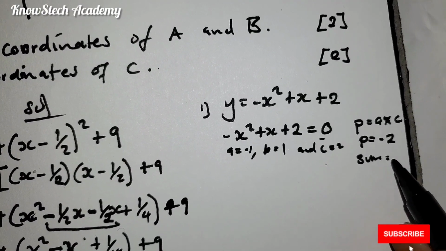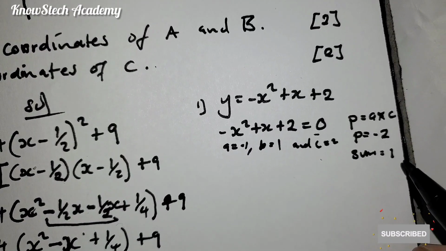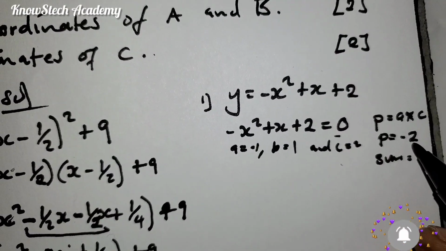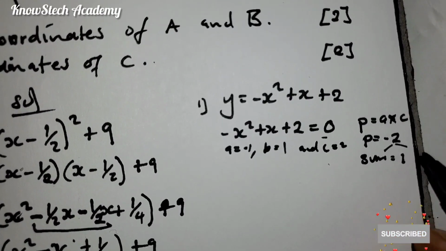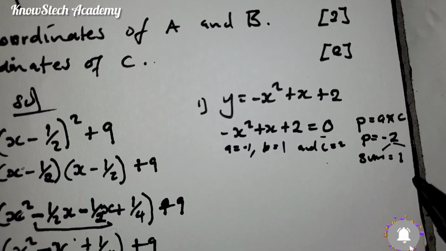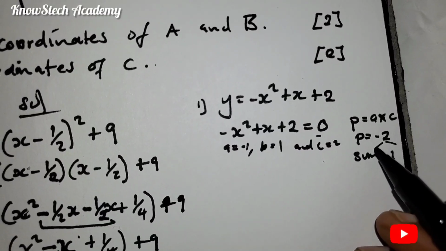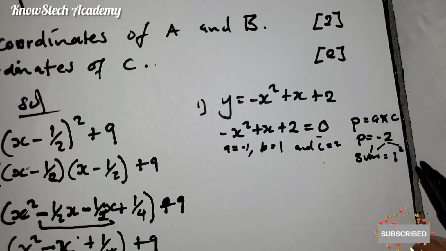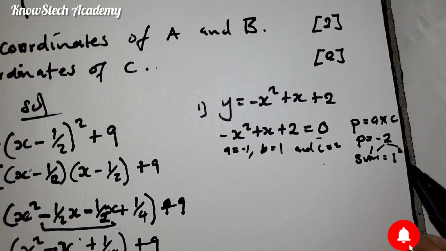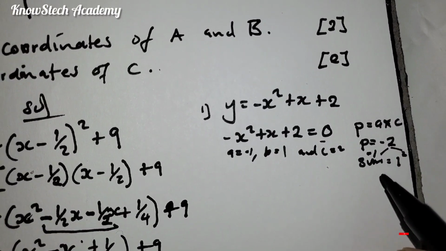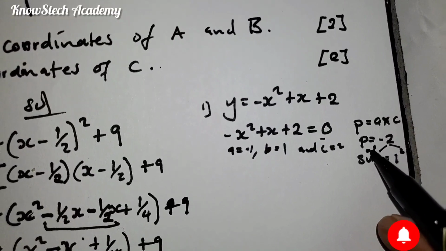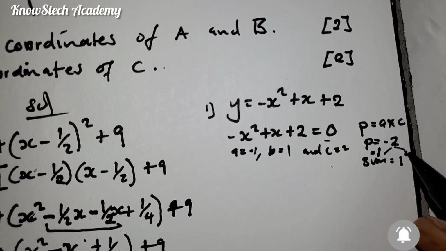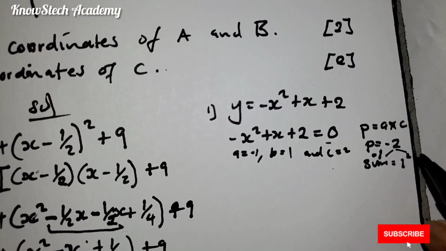And the sum is always b, which is 1. Now, let's look at two numbers. When you multiply them, they should give us negative 2. When we add them, it should give us 1. So if you get 1 and 2, and then decide to add negative to the 1, let's try this one. Negative 1 times 2 is negative 2.